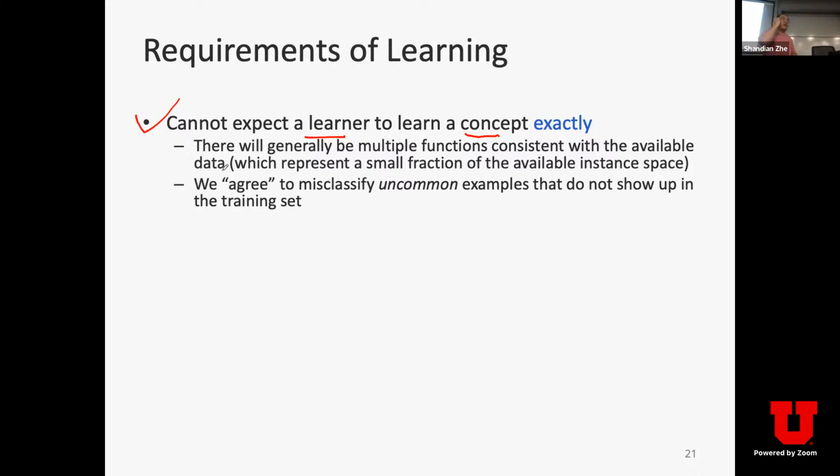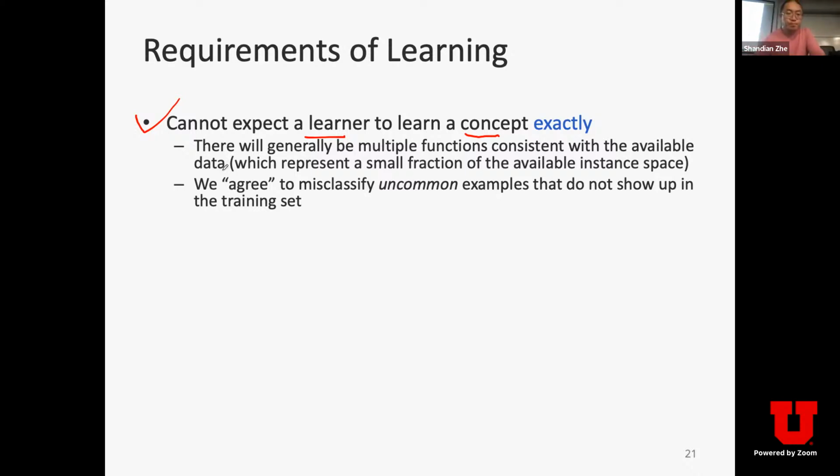So you can imagine that there could be many, many labeling functions that exactly match your training data. Among those functions, there is only one ground truth.